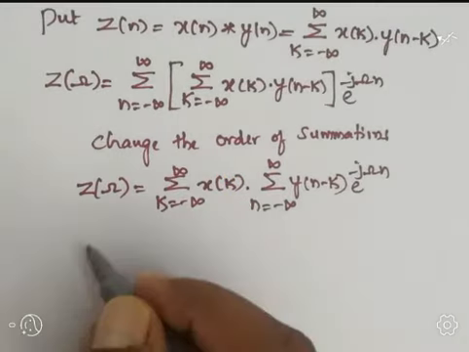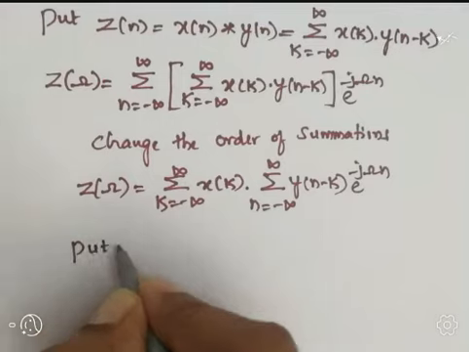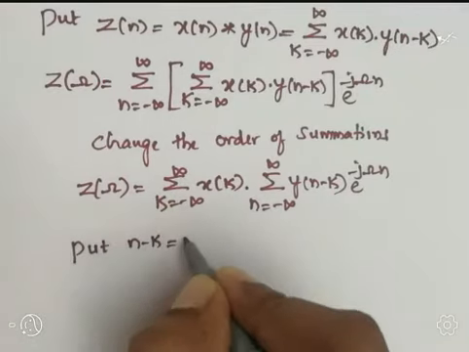Now I am going to substitute n minus k equal to m.